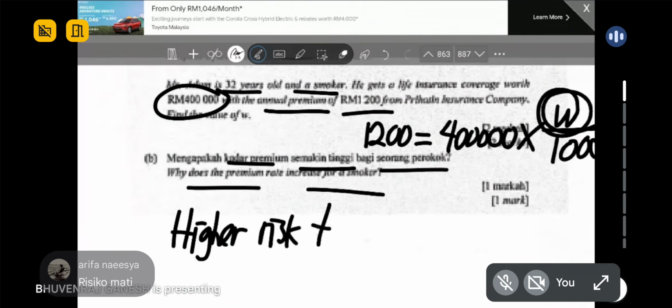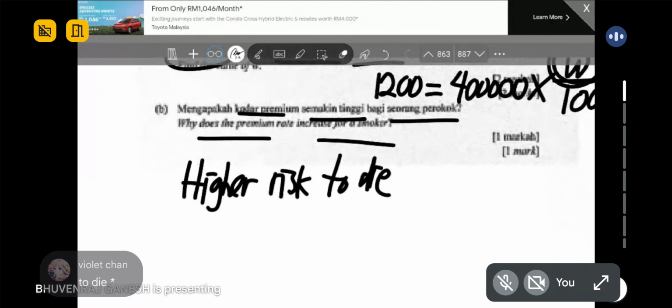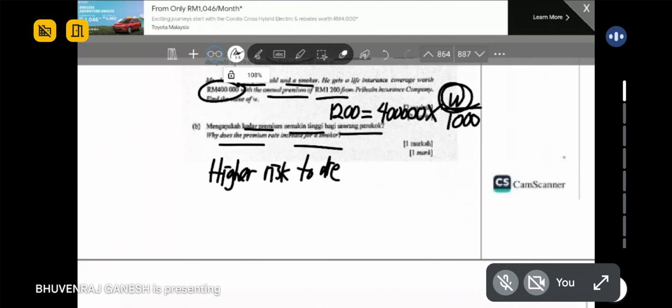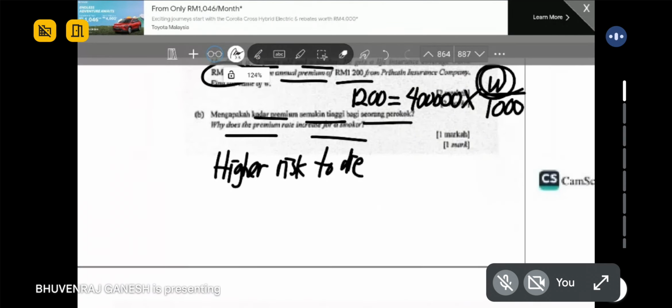Or you can say higher risk to be exposed to illness, infection or sickness. That is also fine. Not just for die, guys. Not only death, but other diseases. Higher risk to other disease also.